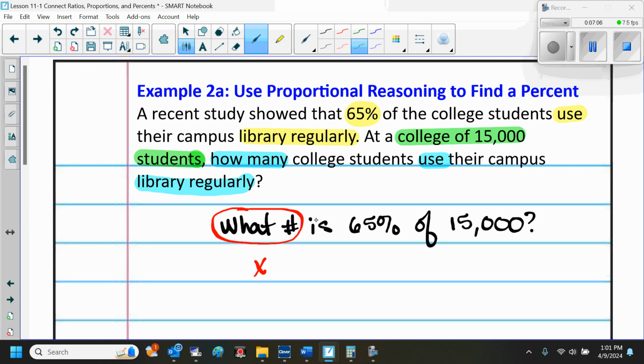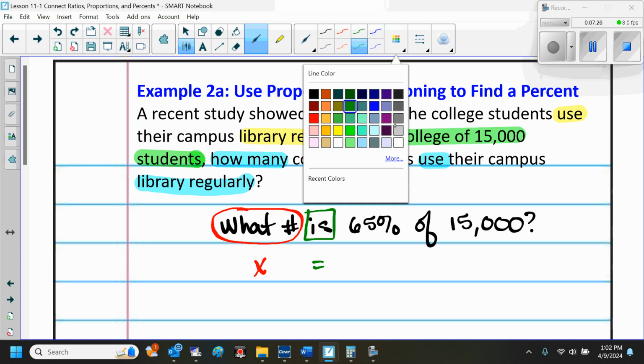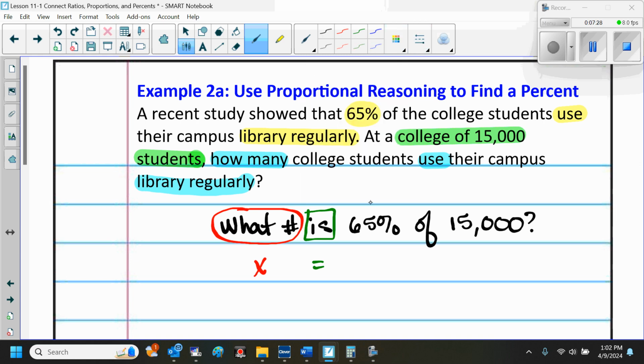We've got is in math. What does is in math mean? Of means multiply. What does is mean? The is means equals. Now, this is 65%. Percent means per 100, right? So if this was 65 per 100, how do I read that? 65 hundredths, right?